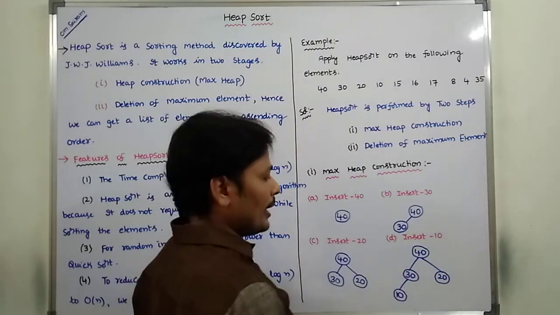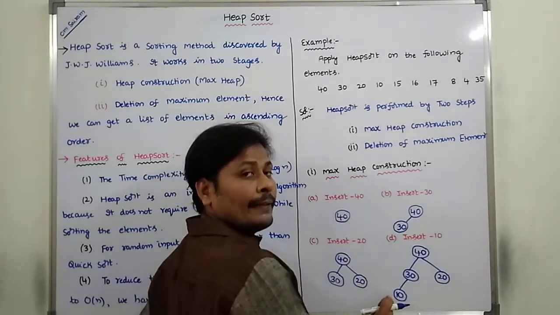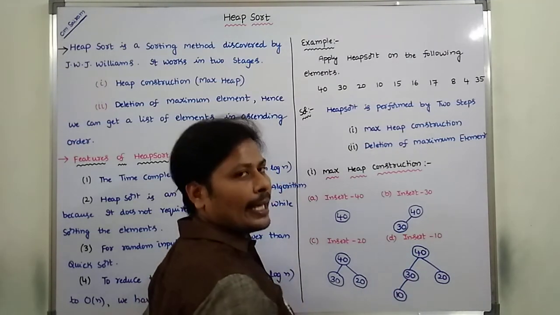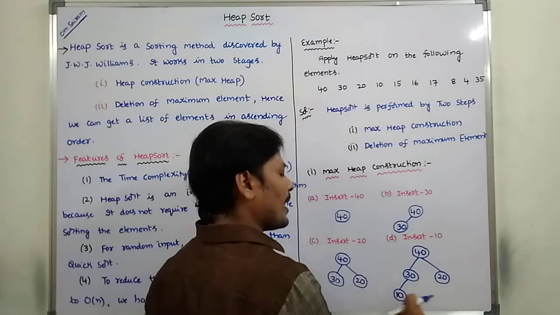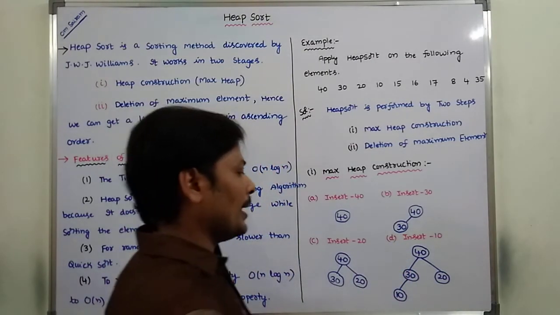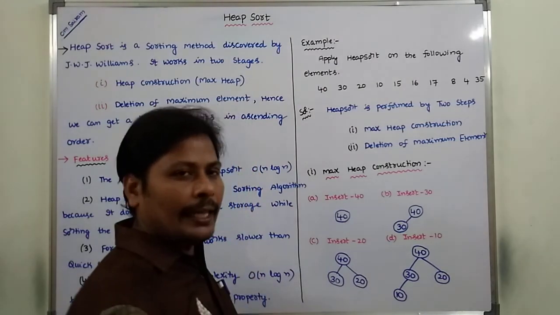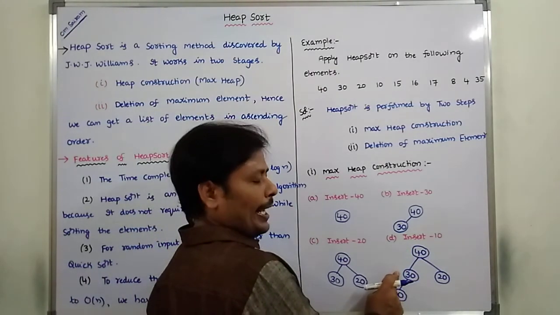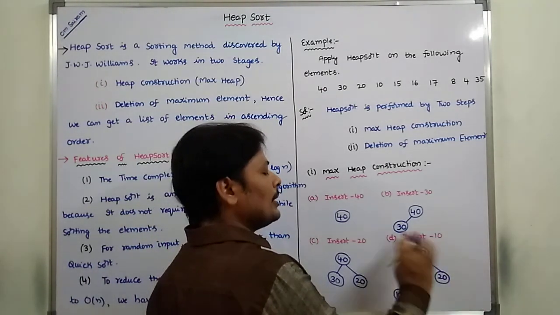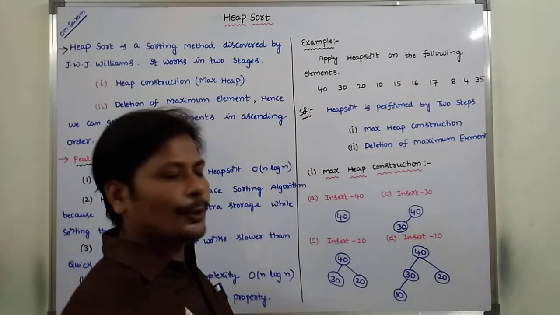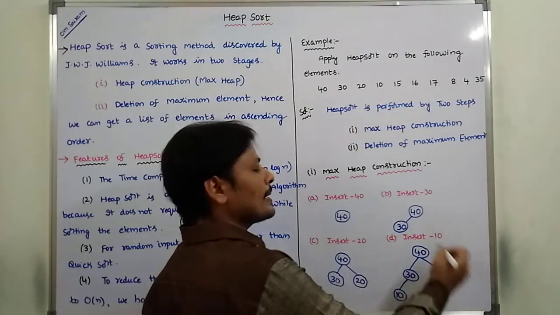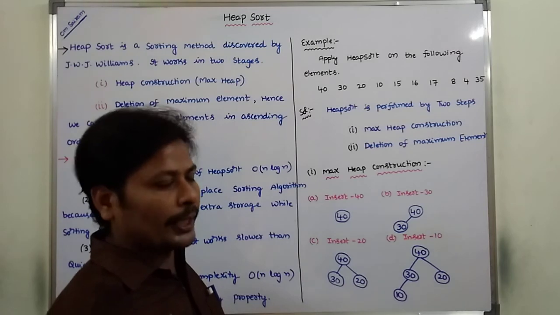So 30 is compared with 10, and 30 is greater than 10. Now it satisfies the maximum heap property. Next, 30 and 20 have the parent 40. 40 is greater than 30 and 40 is greater than 20. Both conditions are true, so it satisfies the maximum heap property.